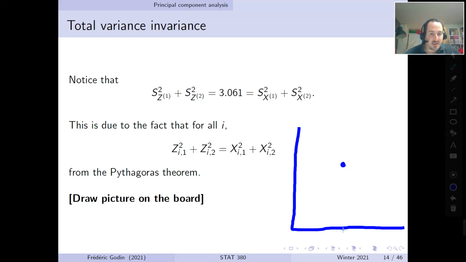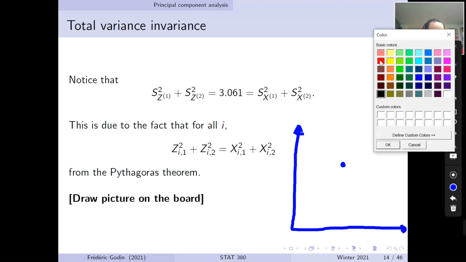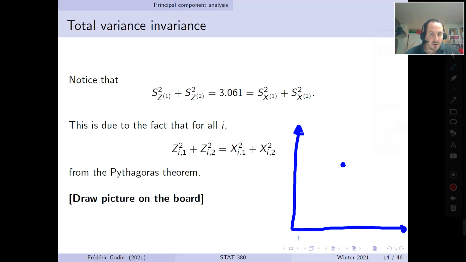The original set of axes is the canonical one like this, and let's say our new set of axes is basically something like this and something like this. So the idea here is, if you sum the squared coordinates for this point, under any of the two sets of axes, you should have the same result.